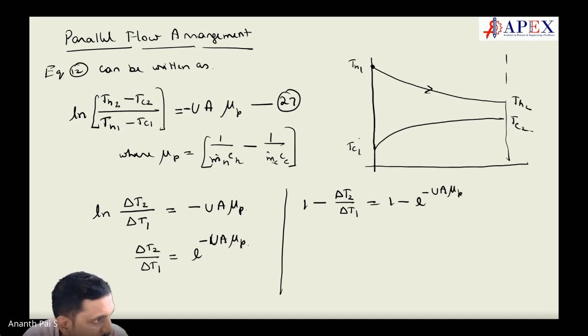Mu P should be the other way around. One second. It is plus, I'm very sorry. It is plus, not minus. And there is a minus here. So plus or minus, it's correct.